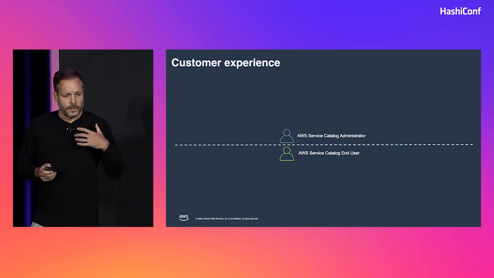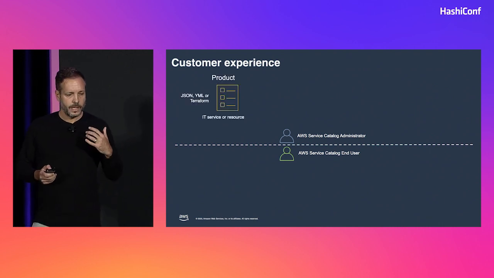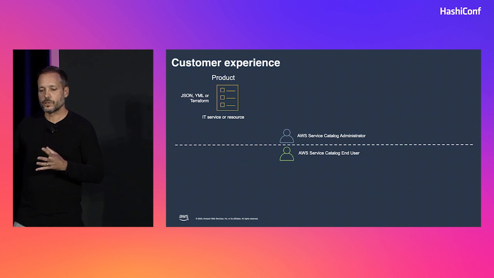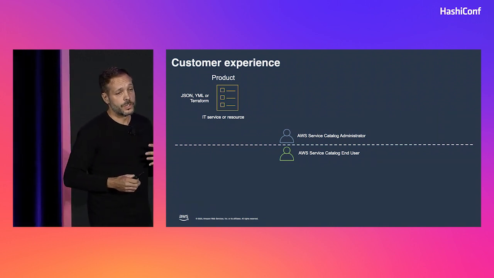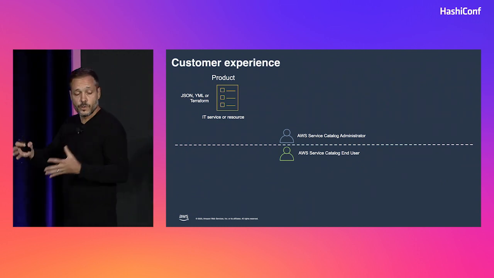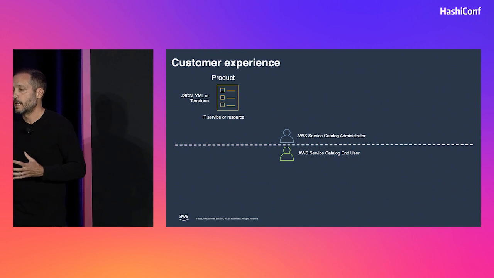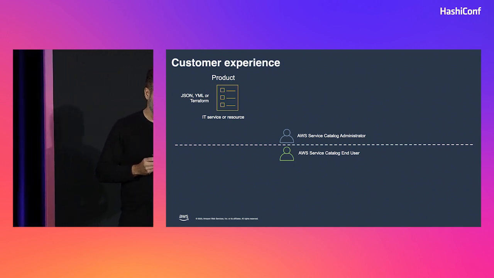So the first thing that you have to do as an admin when you arrive in Service Catalog is to upload an infrastructure as code template in your catalog. So you can use a CloudFormation template in JSON or YAML format. And with this new feature, what we have done is that you can now use your Terraform configurations, right?